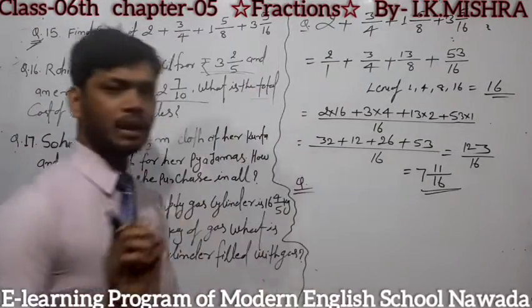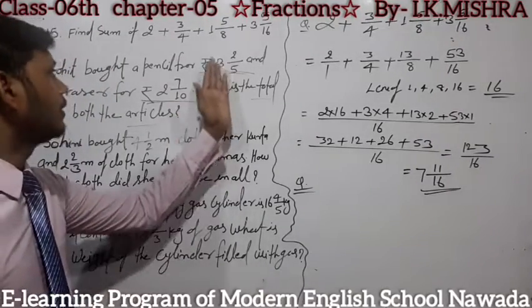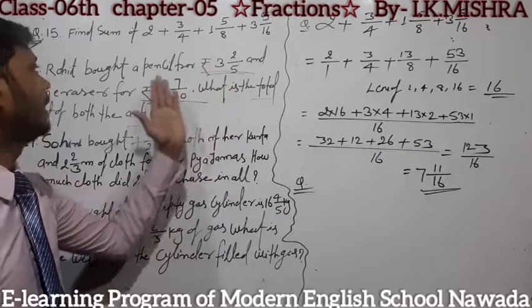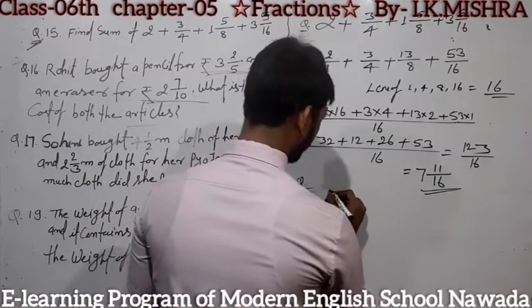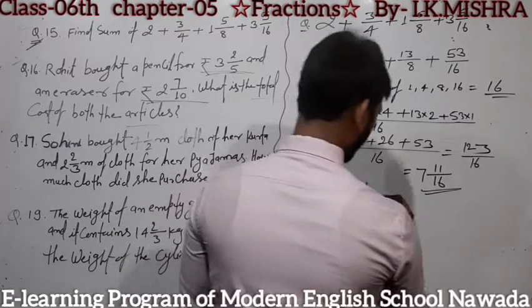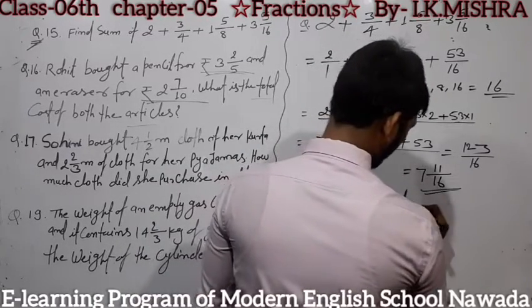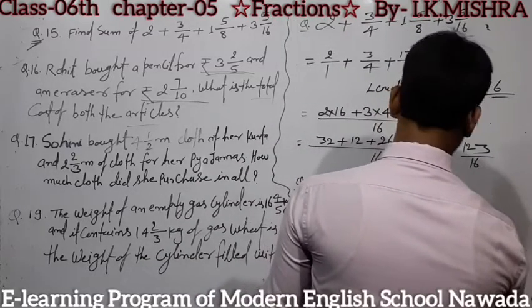It's very easy. Total cost means add the price of the pencil and the price of the eraser. So first write price of pencil is equal to rupees 3 whole 2 by 5.